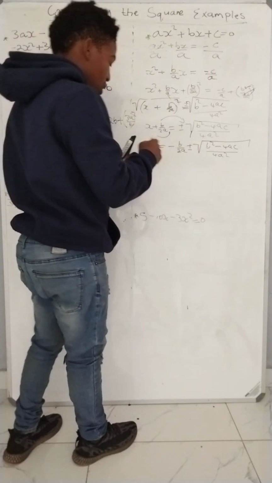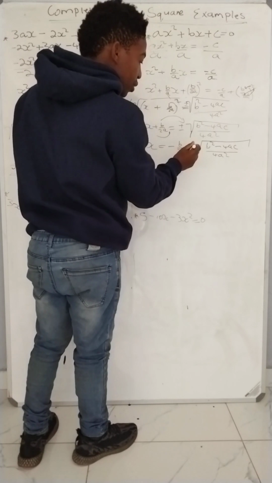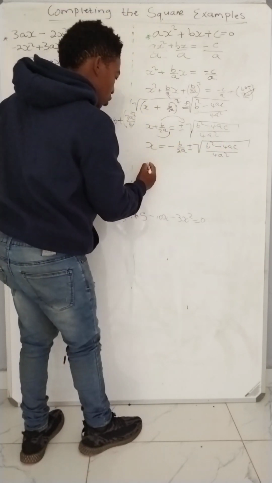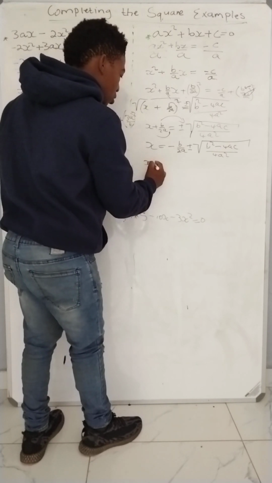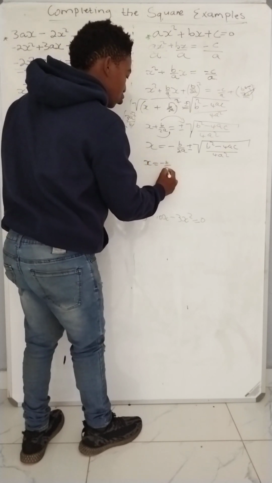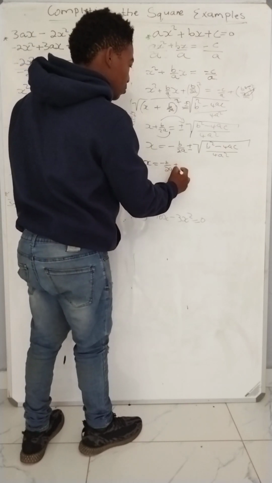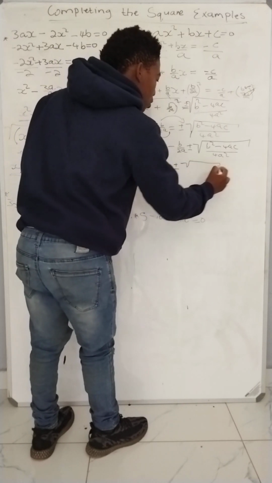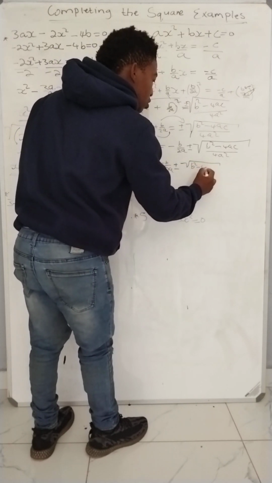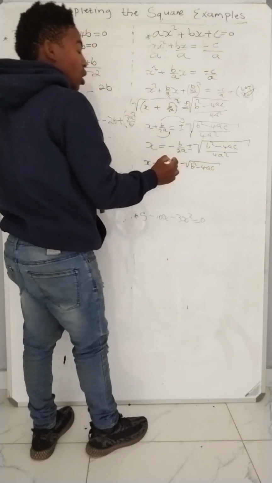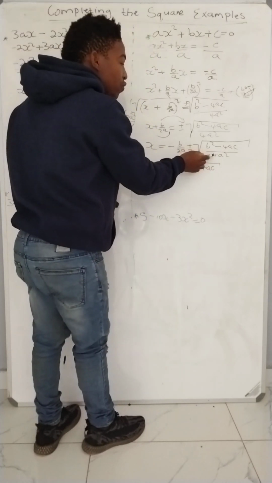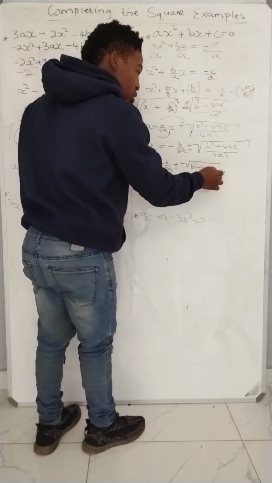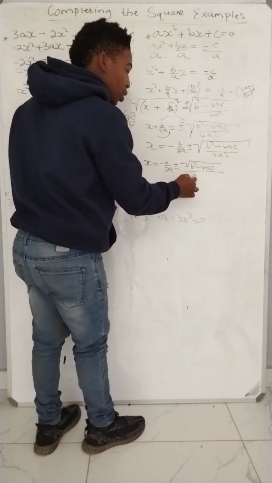The next step here, we're going to try and remove things from a square root. So if you have x is equal to minus b over 2a plus or minus the square root of b squared minus 4ac. We know the square root of 4 is 2 squared. So the square root of 2 squared, we're taking it out of the square root now, is 2.